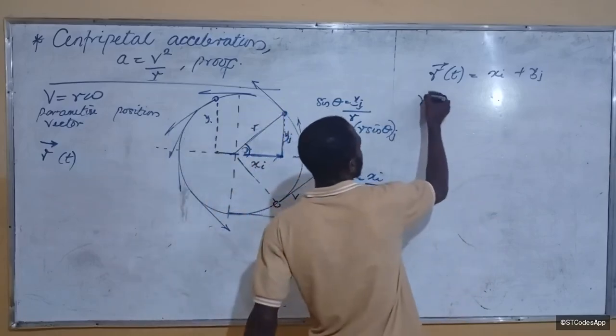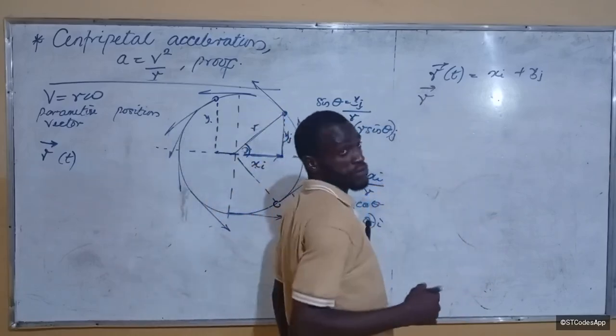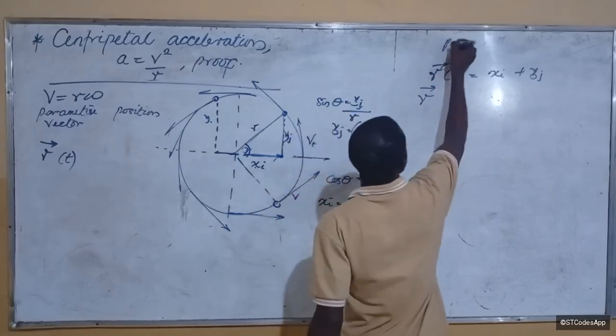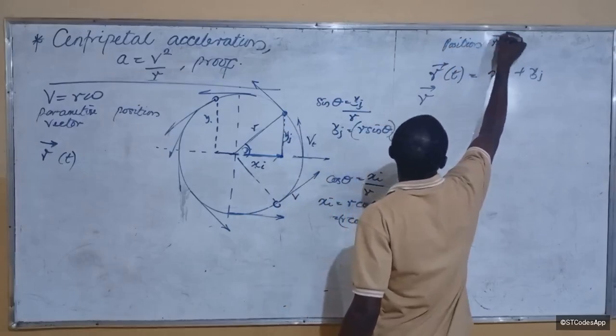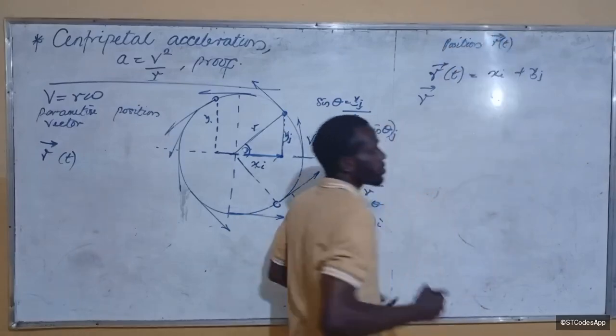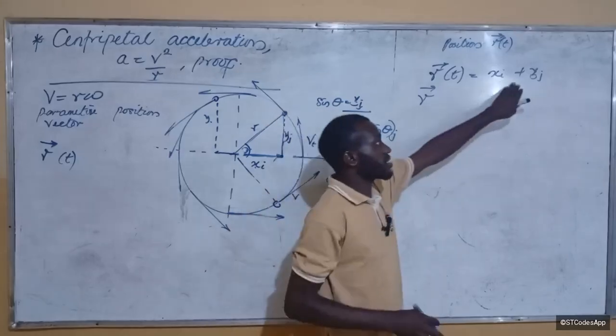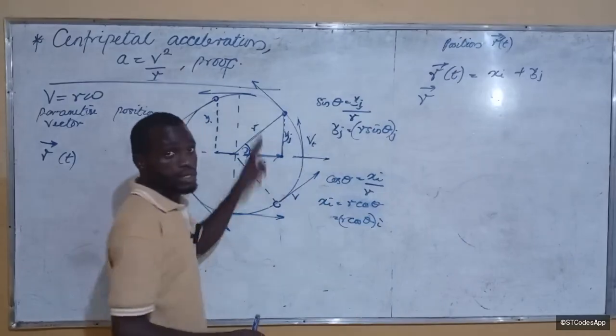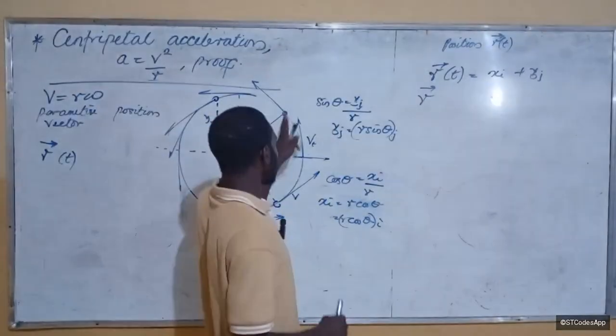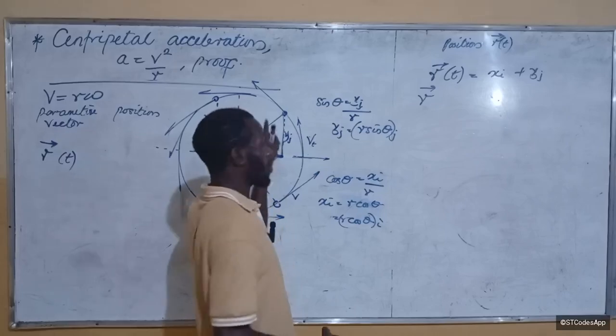So I can write my position vector. Remember that is my position vector, r in terms of t. So look at the way I parameterized it. I just created the position at a particular time. Is that clear? This position at a particular time has both x and y values.